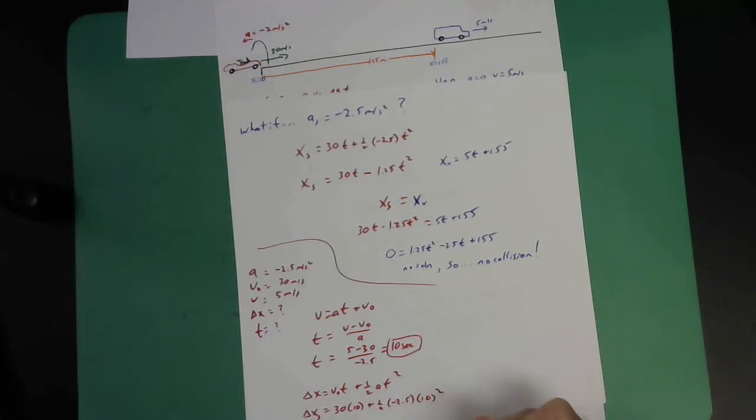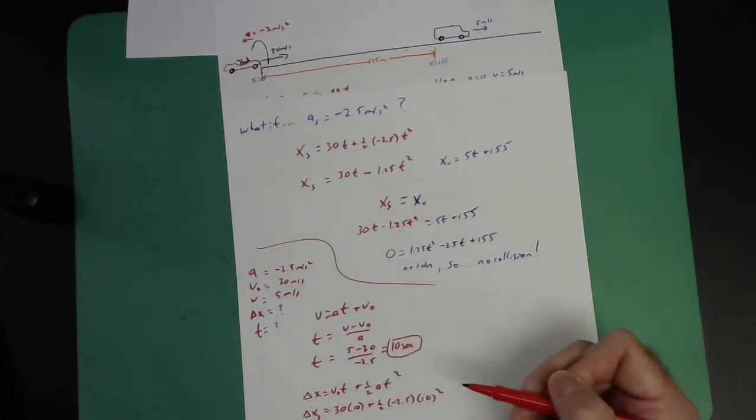She'll have gone 175 meters into the tunnel. That's the final, because it's final minus initial, so it's x of Sue minus x initial, which is 0. Okay, so her final position is 175 when she reaches that same speed as the van.